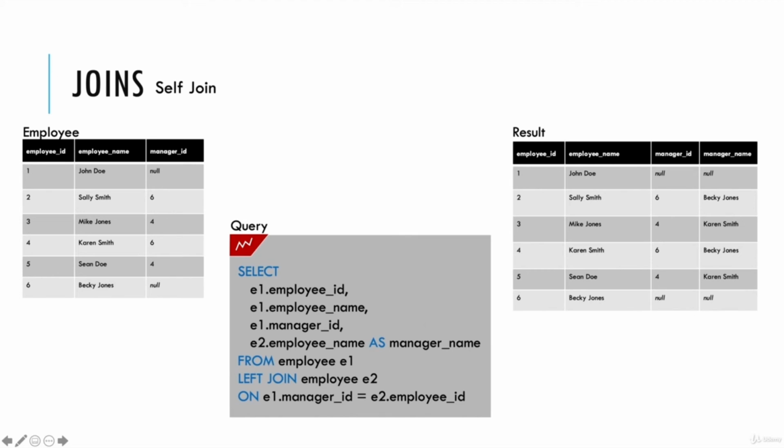Sally Smith has a manager ID of number 6, and we would expect manager name to be Becky Jones, and perfect, Becky Jones is the manager name. So you can see for Mike Jones, Karen Smith, and Sean Doe, all of that information came back as well. And then finally, if we look at Becky Jones, they have no manager and they have no manager name, and that's exactly what we'd expect because we did the left join.